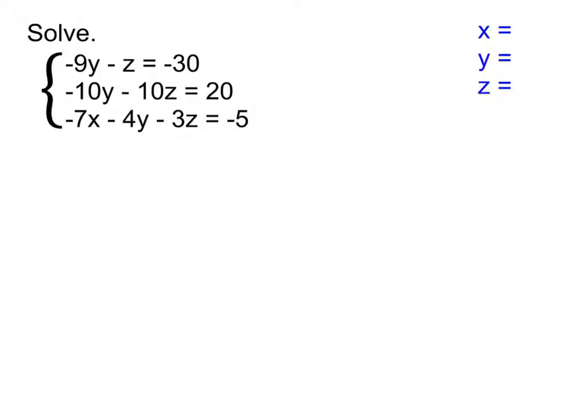Well, in this case, there is nothing that I can solve for immediately. I can't figure out what x, y, or z is right off the top. But of course, we are trying to make it into a 2 by 2, right? Notice, do we have a 2 by 2? Those first 2 equations are a 2 by 2 system in and of themselves.